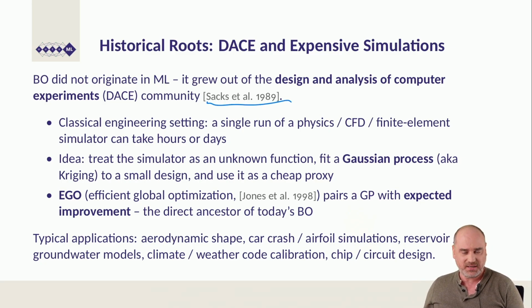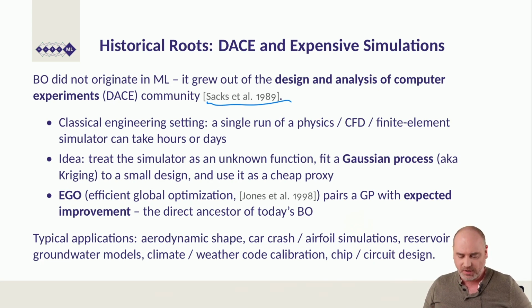So the classical engineering setting where these techniques were applied was optimizing a run of a physics or a CFD simulation or finite element simulator that could take up to hours or days. And the idea was to treat the simulator as an unknown function, fit a Gaussian process, sometimes also called kriging, to a small design, and then use this as a cheap proxy and optimize this.